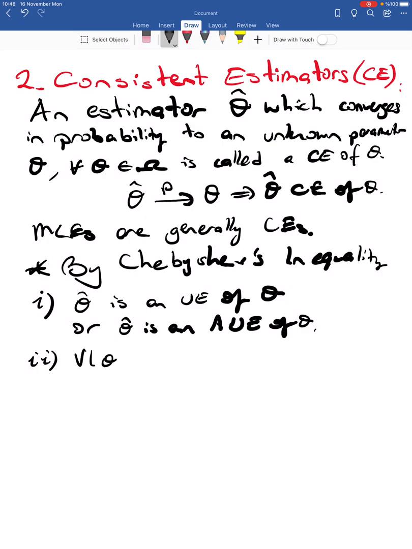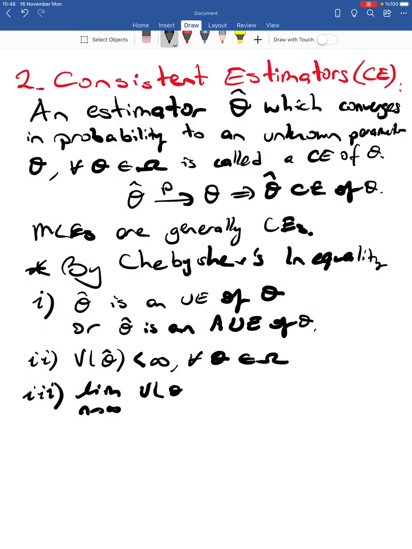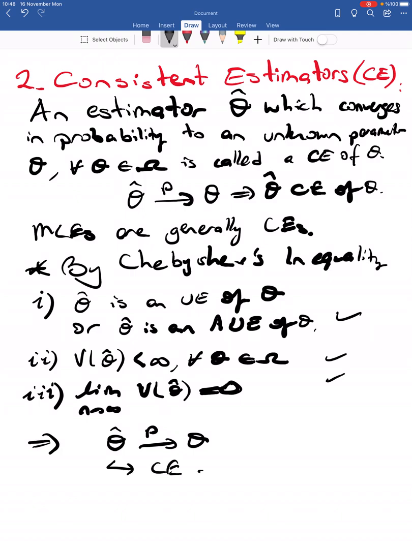The variance of theta hat should be finite for all theta values in the parameter space. The third rule, limit when n goes to infinity, variance of theta hat should be 0. Okay. So if all three conditions are satisfied together, then we can say that theta hat converges in probability to theta. And in that case theta hat will be a consistent estimator of theta. So basically you have to check these three conditions.